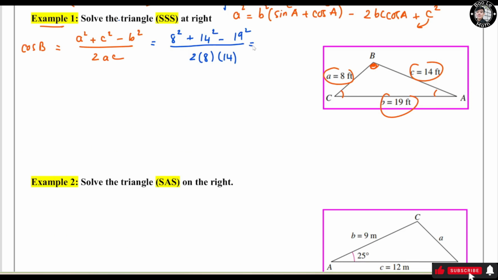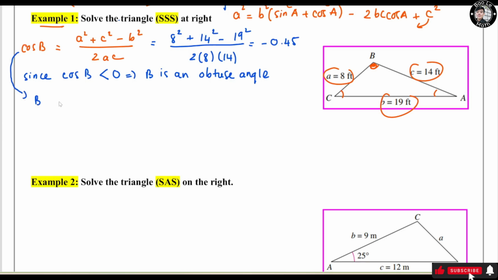Now, if you use the calculator, the answer should be approximately negative 0.45. Since cosine B is negative, you can conclude that angle B is an obtuse angle. Now to find the measure of angle B, we're going to take the inverse cosine of both sides. So we have angle B equals inverse cosine of negative 0.45.